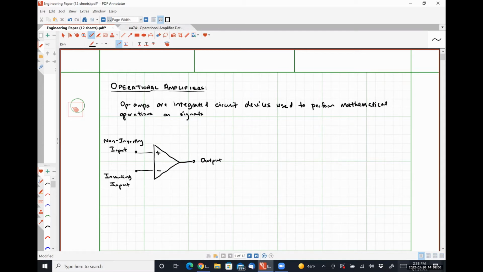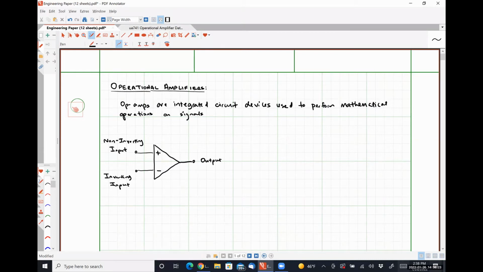Okay. The operational amplifier at its heart is a voltage amplifier, which means it takes voltage signals at its input, operates on them in some way, and then generates a voltage signal at its output, okay?